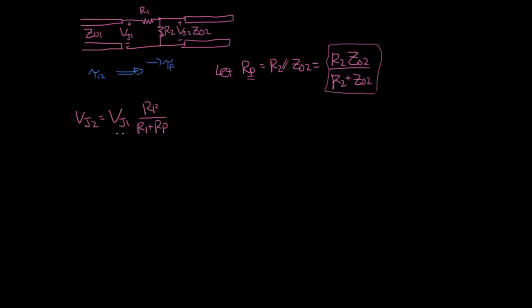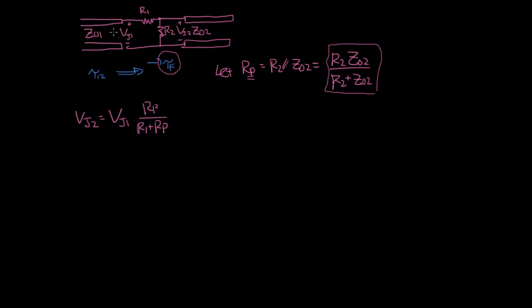Now remember, we also want to write VJ1 in terms of the wave that's coming in, right? Because we want this tau f to be just something that you multiply into whatever wave is trying to get from one side to the other. And once you find that tau f, you can use it the same way you were using tau 1, 2 earlier, and forget all this ugliness in between.